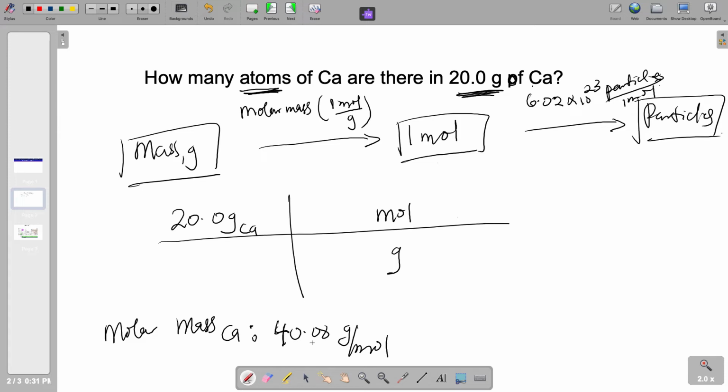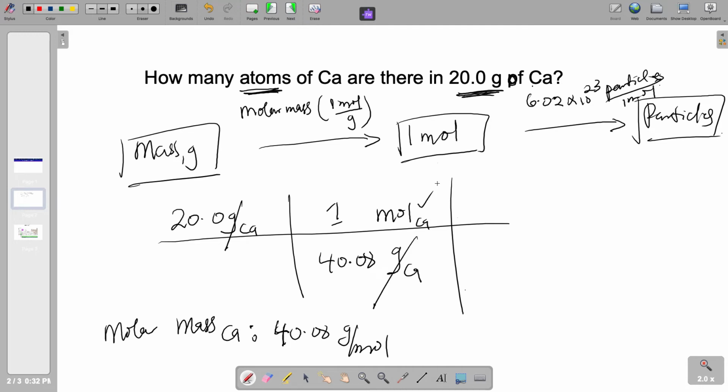So since our 40.08 grams goes with grams, we'll write the 40.08 here. And 1 goes with mole, so 1 on top. So we'll put calcium here just to show we're calculating for calcium. So units on the diagonal will cancel, so grams will cancel grams. So we just have moles left.